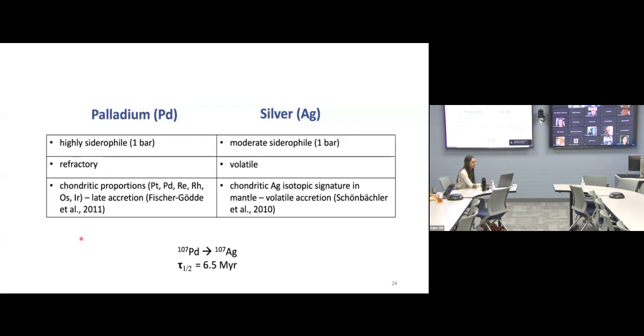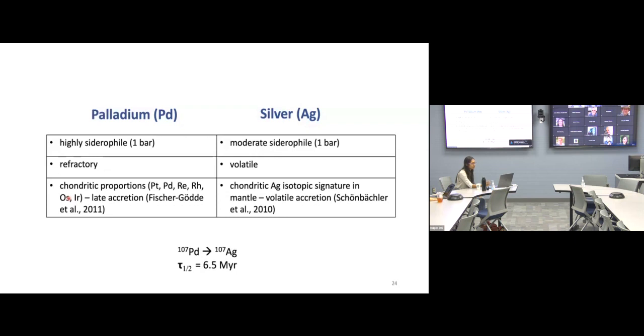This would imply that both of them were accreted after core-mantle differentiation, because there's no fractionation signature that can be detected currently. But we can't rule out these elements being delivered earlier in Earth's history.